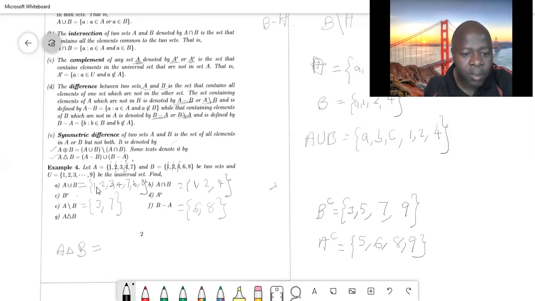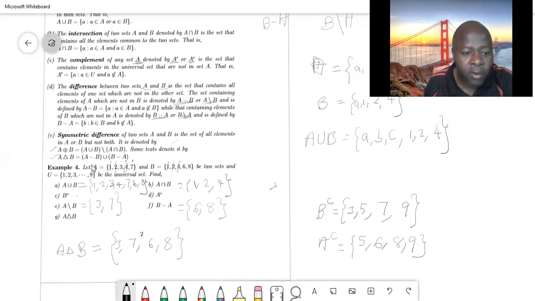So just subtract 1, 2, and 4. We are left with 3, 7, 6, and 8. That is if I use the formula A union B minus A intersection B.